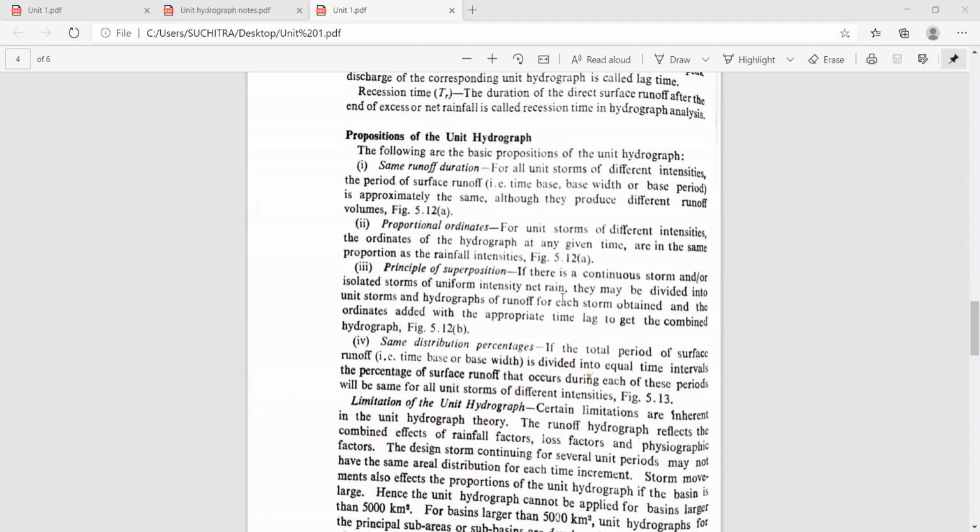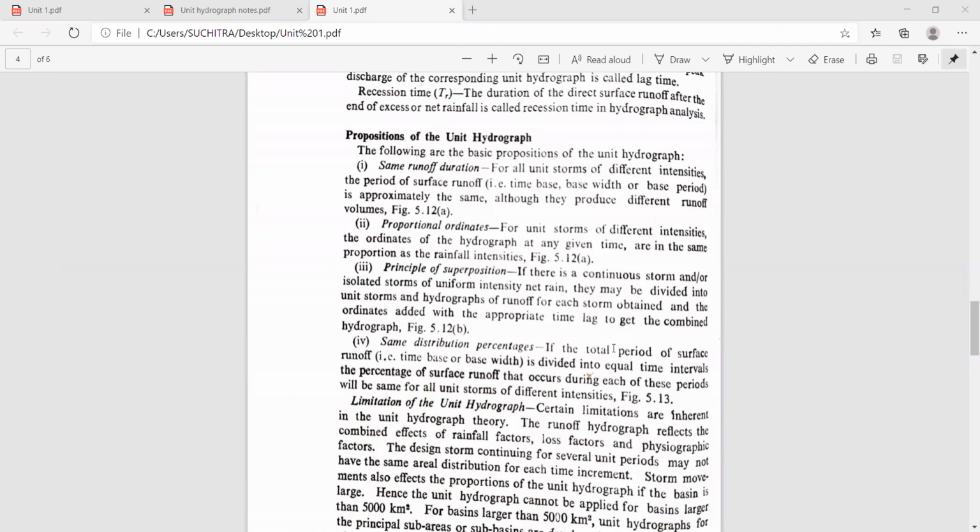So here, a continuous storm or an isolated storm of uniform intensity of net rain may be divided into unit storms, and the hydrograph of runoff for each of these storms can be obtained, and they can be combined to get the combined hydrograph.